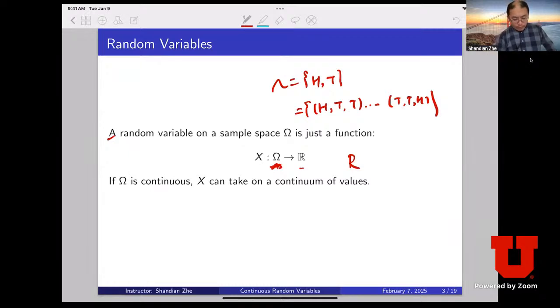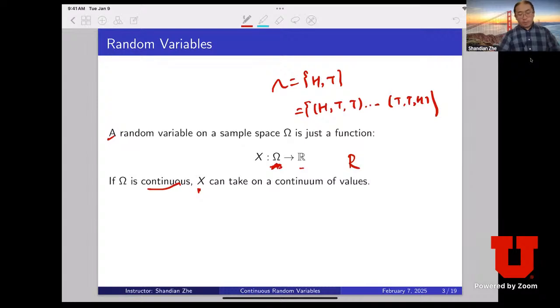So if your random variable definition, your original sample space, also happens to be continuous, we call this random variable a continuous random variable, right? So you see the difference from the discrete random variable.